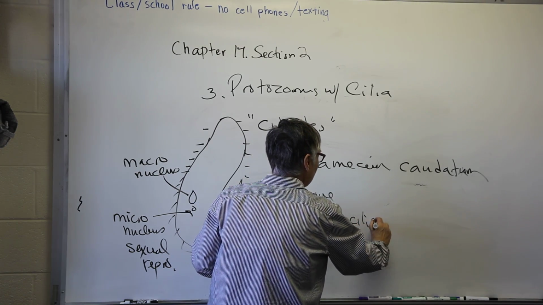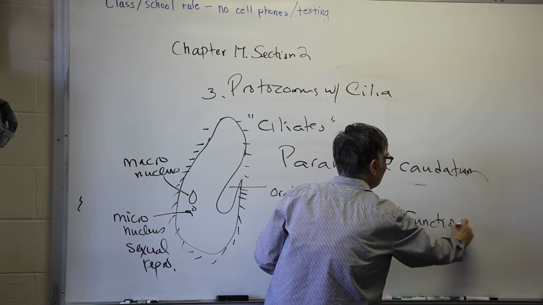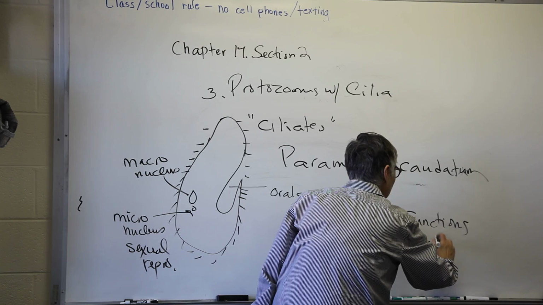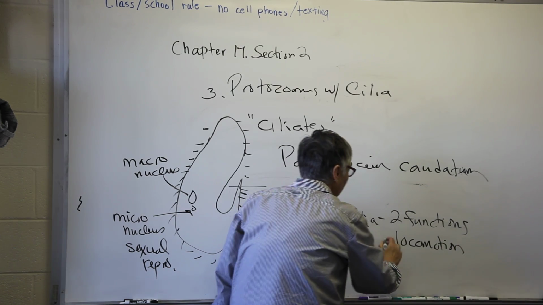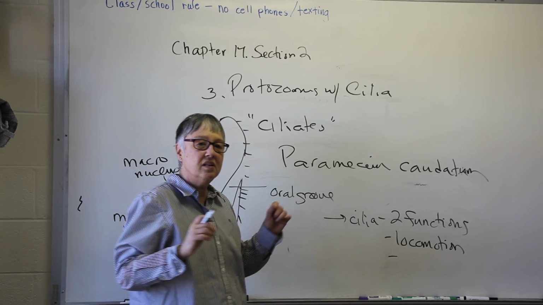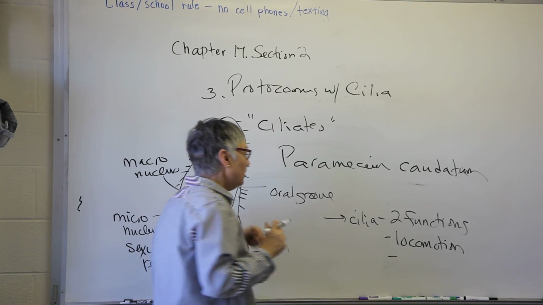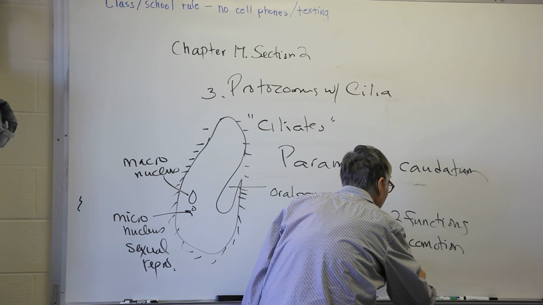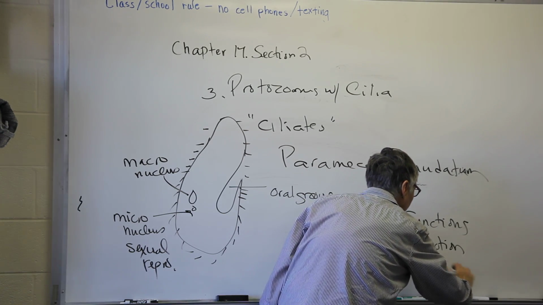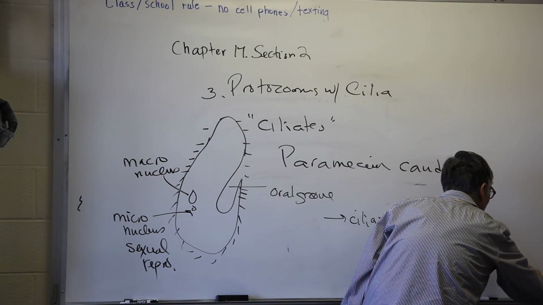So the cilia have a number of functions, but 2 main functions is for locomotion, actual movement, and there are some ciliates that actually use cilia to bring in food to the oral groove.